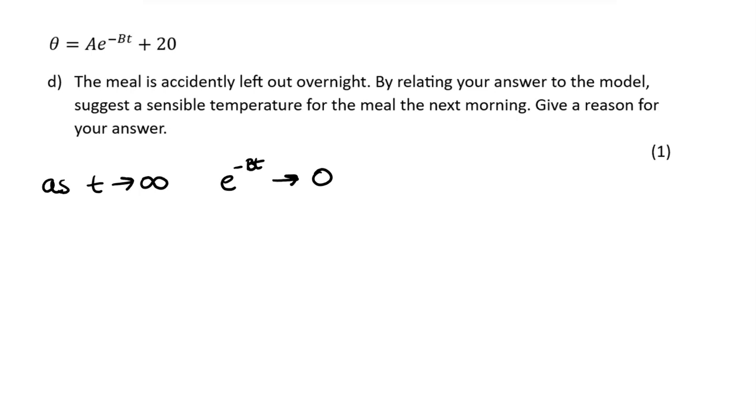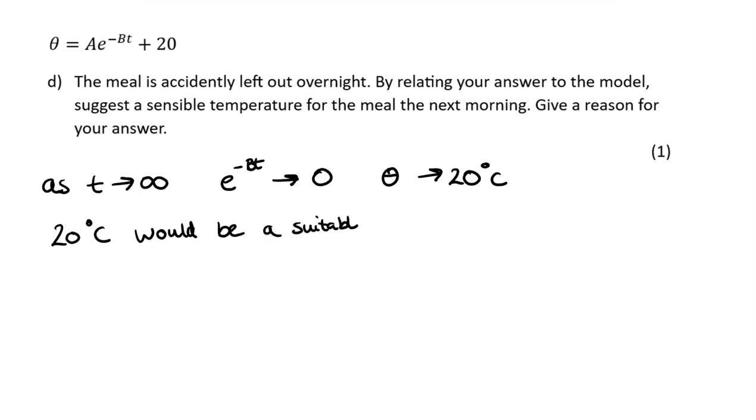So as t tends to infinity, that first term just tends to 0, and that just means that theta is going to tend towards 20. So we're going to say there that 20 degrees Celsius would be a suitable temperature according to the model.